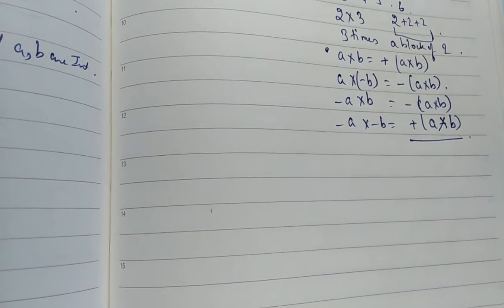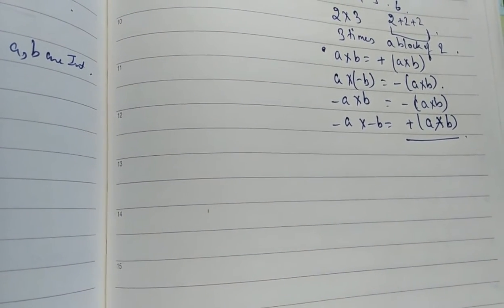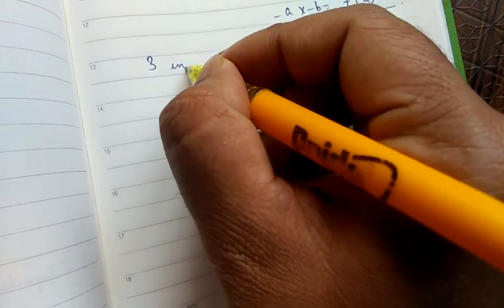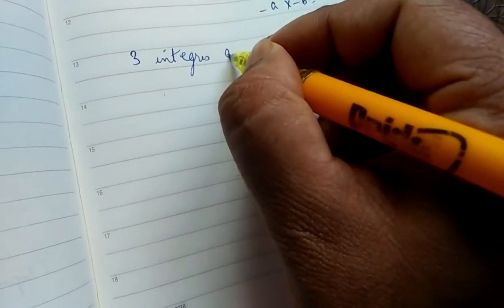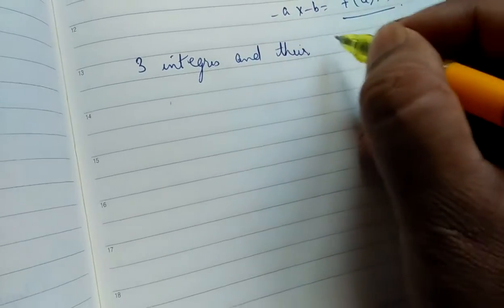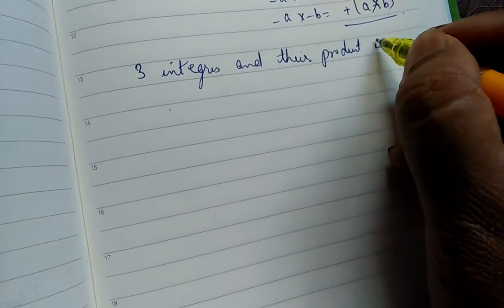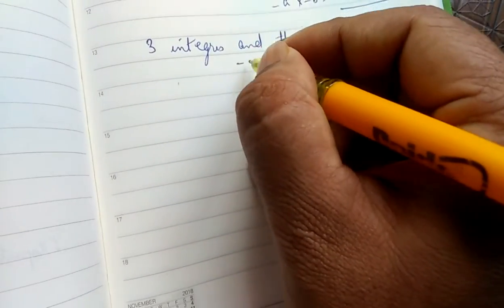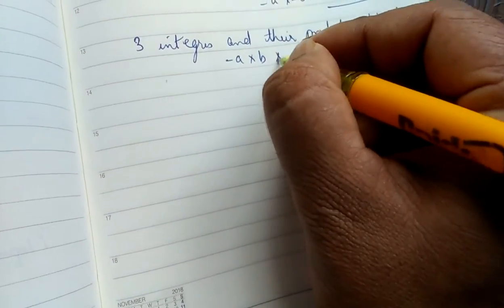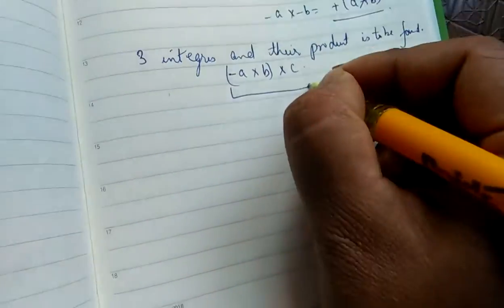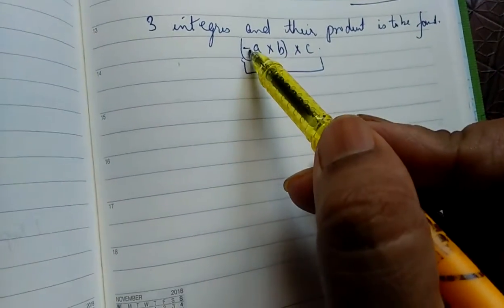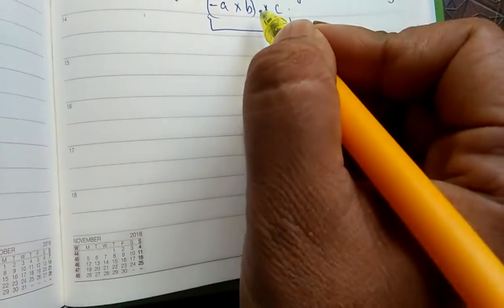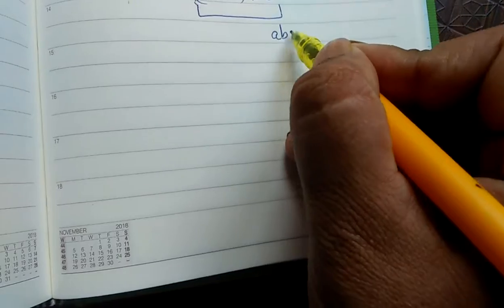Now let us suppose we have been given three integers and their product is to be found. Let's say it is minus a into b into c. First solve for the first group, then go for the second group. Minus a into b, let's say ab is equal to y.